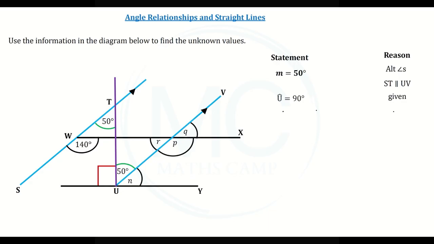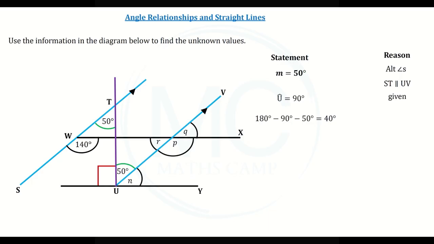Now we can see that the 90-degree angle, the 50-degree angle we've just found, and N all sit on the same straight line. We know that angles on a straight line give us the sum of 180 degrees, and we can use this to find the value of N. So we can say 180 degrees minus the 90-degree angle minus the 50-degree angle we just found is equal to the value of N. 180 minus 90 gives us 90, minus 50 gives us 40 degrees.